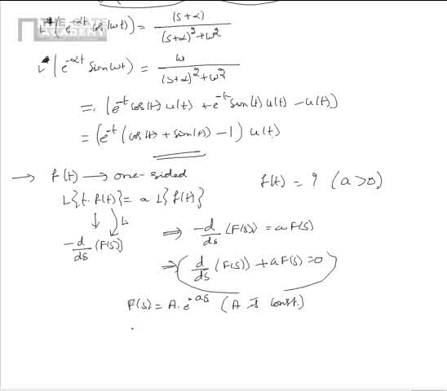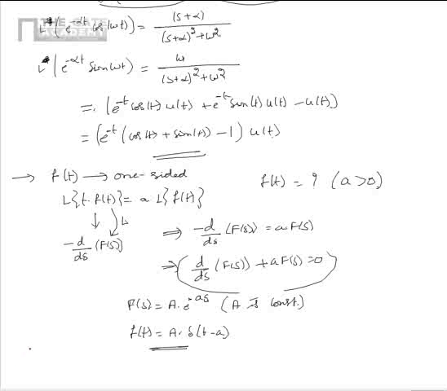So from this we can say that f of t is equal to A multiplied by delta of t minus a. So the continuous time function f of t satisfying the given equation is A multiplied by delta of t minus a, where capital A is a constant.